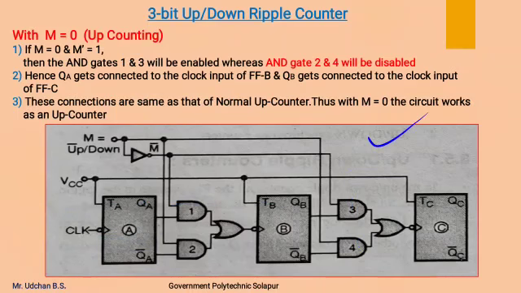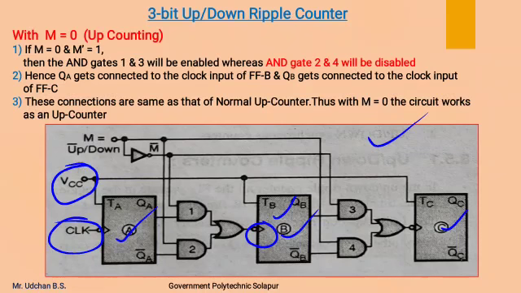This is the diagram for the 3-bit asynchronous up-down counter, which consists of 3 T flip-flops whose T inputs are connected permanently to VCC, that is to logic 1. This first flip-flop receives the external clock input, whereas this second flip-flop receives the clock input from the Q or Q complement output through this combinational circuit.